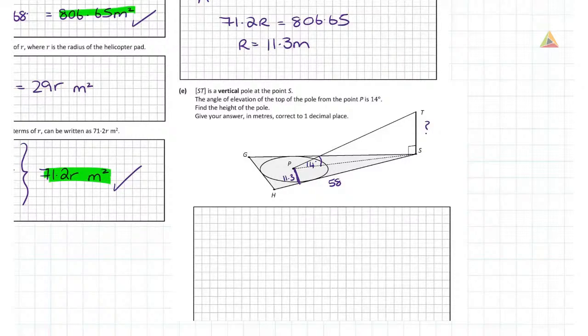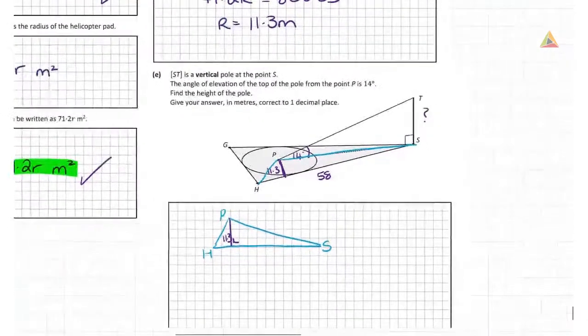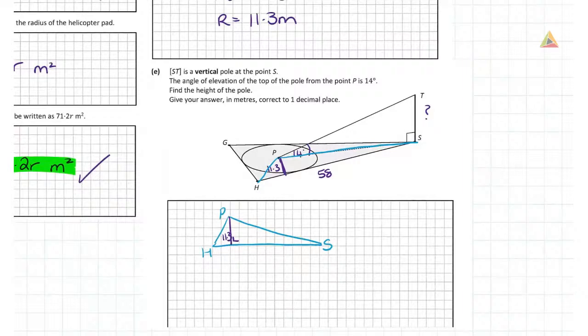Okay, so what we're going to do, we're actually going to start with that triangle HP and S. So let's draw that down here. And it's a good idea to draw that sometimes for yourself, just so you can see a little bit clearer what's going on. So that line there is 11.3. Our angle is 90 degrees, and this full length here is 58 meters.